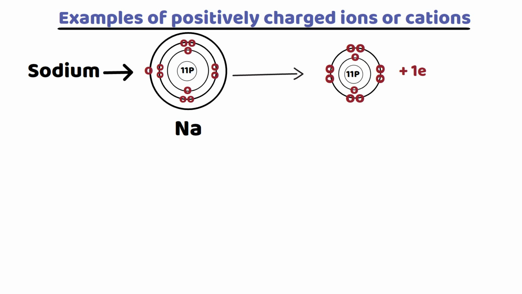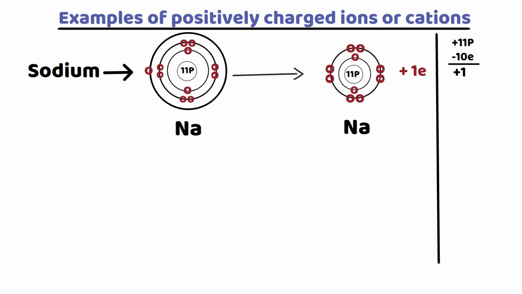Now you see the second shell becomes the last or valence shell that is complete. So sodium becomes stable. As there are still 11 protons in the nucleus of sodium and just 10 electrons in the two shells of sodium, 11 protons minus 10 electrons is equal to +1 charge of sodium. Now as sodium carries a +1 charge, it is a cation.